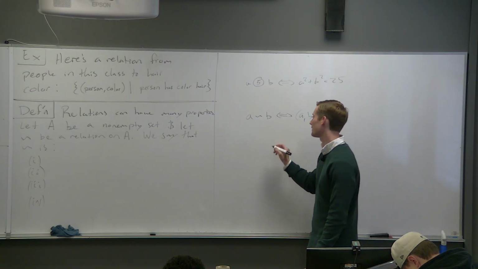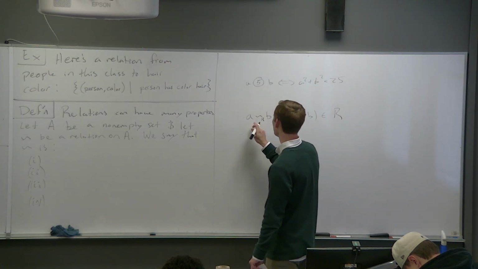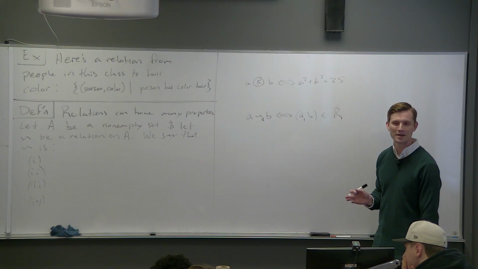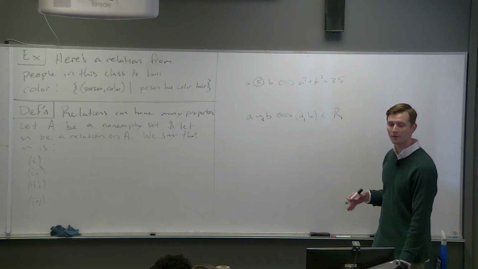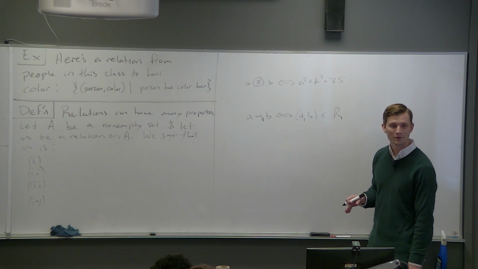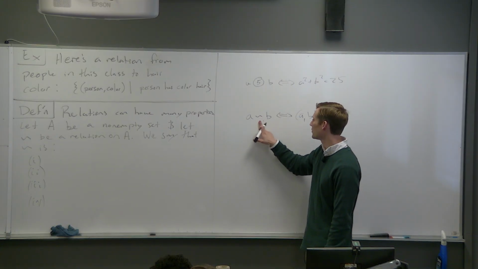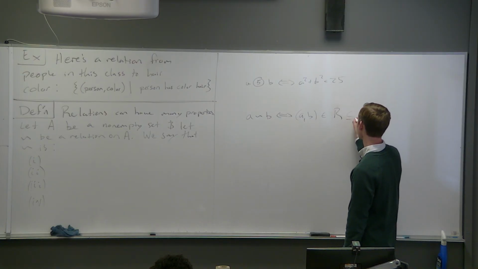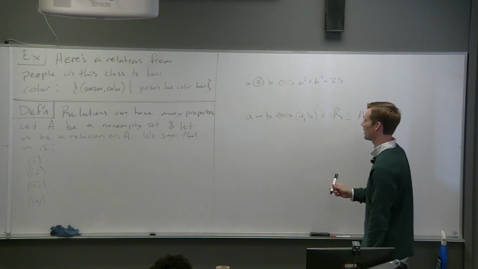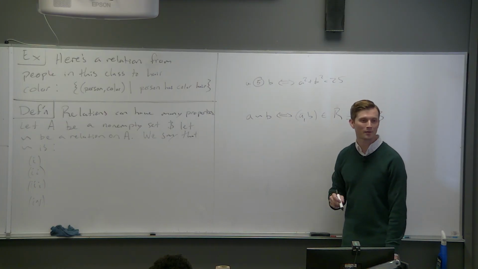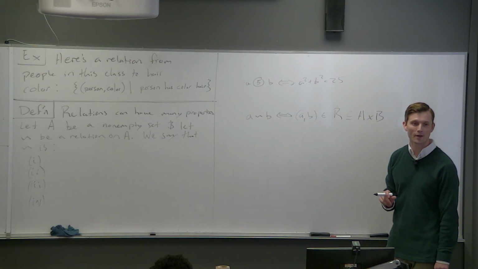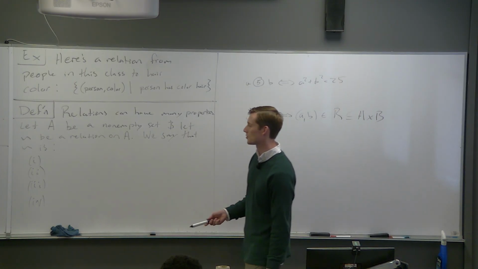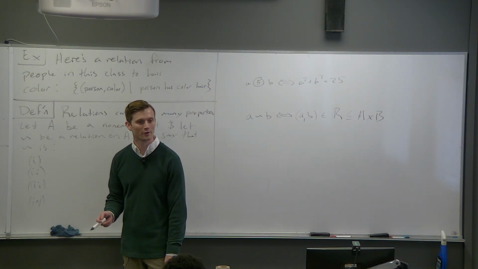Maybe you would want to write something like tilde with a little subscript R, but that just feels like too much notation. Every relation has some set of ordered pairs associated with it, so you could say, I've got some set of ordered pairs, and I'll write a little squiggle between A's and B's if (A,B) belongs to that relation. Cool? Okay. So I'm just using this as a shorthand so I don't have to write out the set of ordered pairs or anything like that.